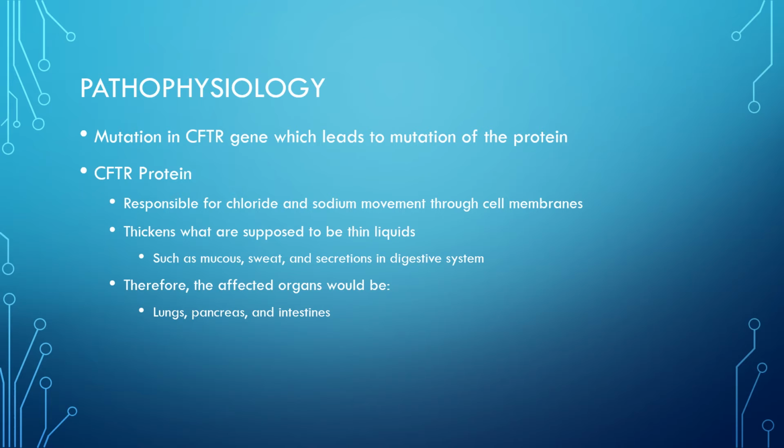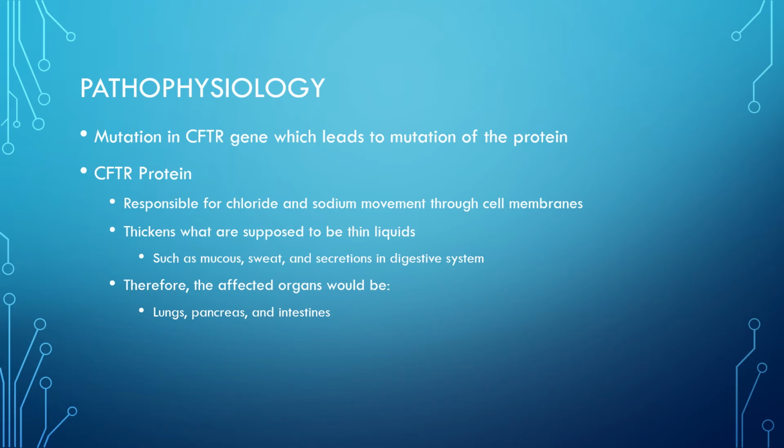A mutated CFTR gene leads to a malfunctioning protein. This malfunctioning CFTR protein then thickens what is supposed to be thin liquids such as mucus or sweat or secretions in the digestive system.